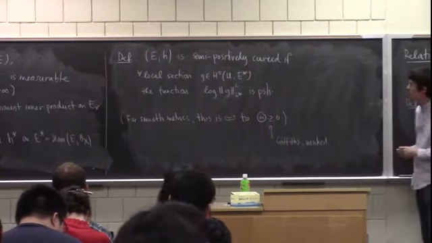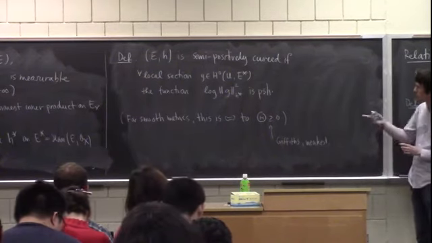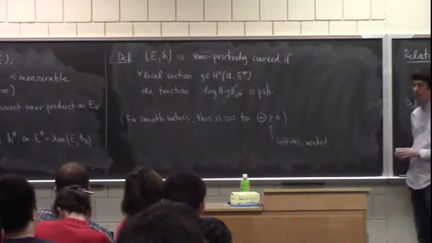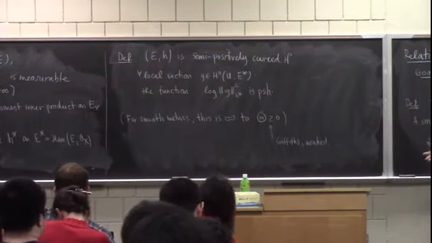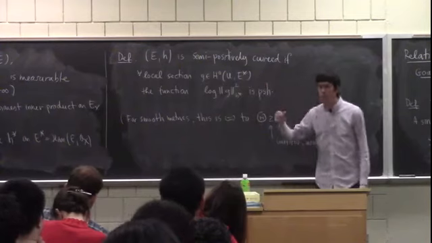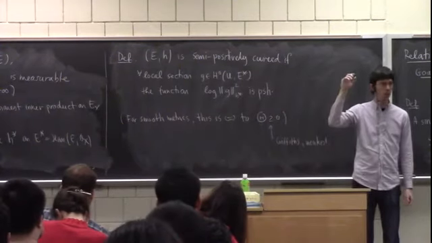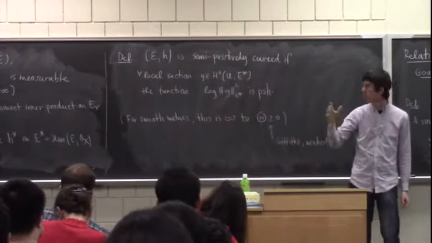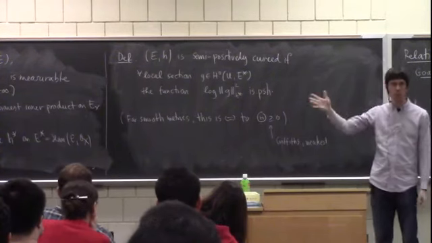Okay, if you're an algebraic geometer, there's a different way to think about this. I'll just mention it. Sections of the dual bundle are the same thing as maps from E to the structure sheaf. More generally, you could consider maps from E to line bundles.